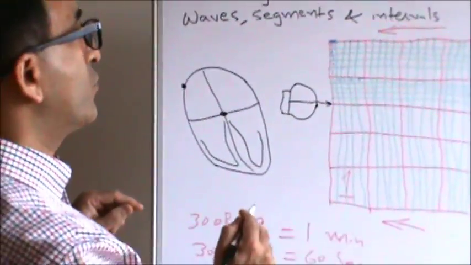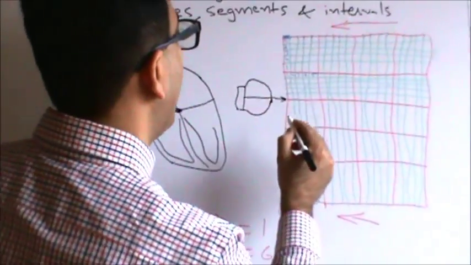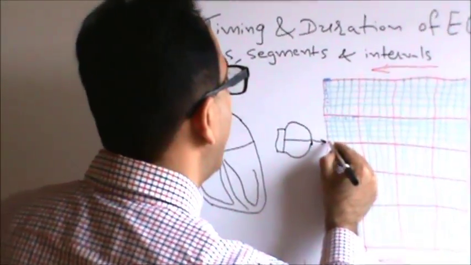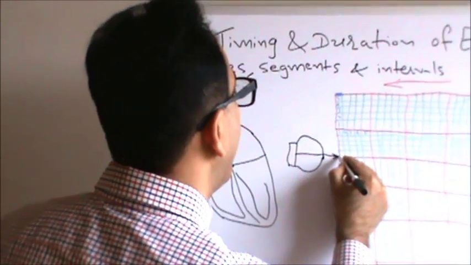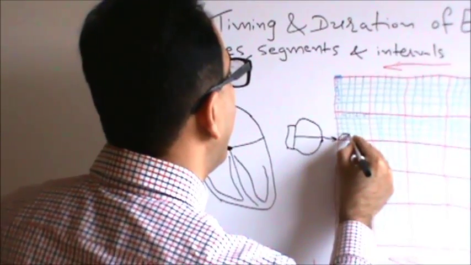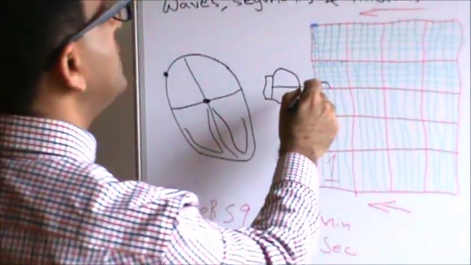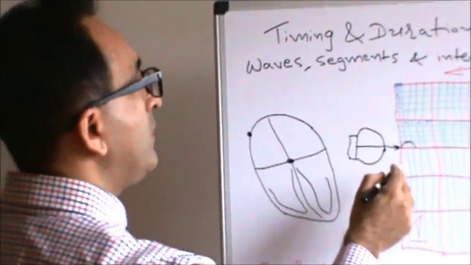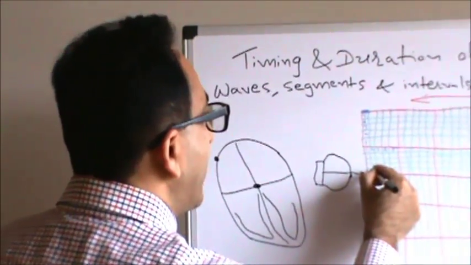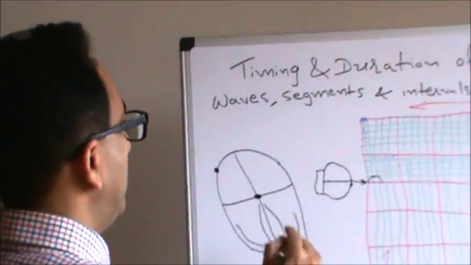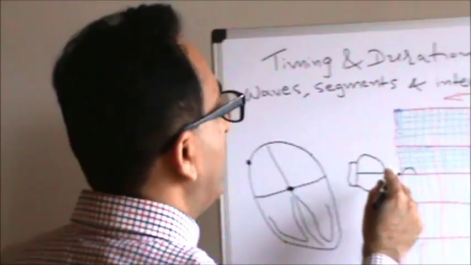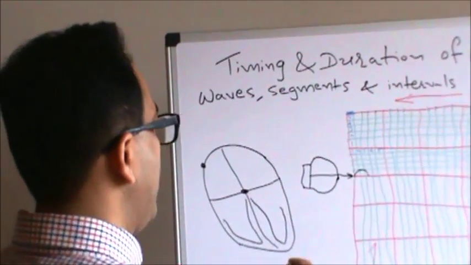So 2.5 squares would be like this. So this is the atrial depolarization, and now we know based on our prior sessions that atrial depolarization reflects the P wave, right?